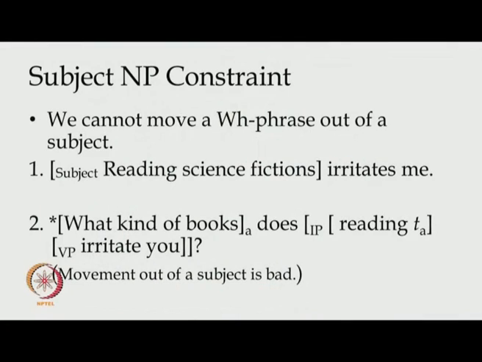So when we say extracting out of subject NP, we mean only when the subject NP is bigger. So to test that, we have to make the subject NP bigger. Here the subject NP is reading science fiction. If I try to question anything out of that, "What kind of books does reading irritate you?" the sentence is not good.